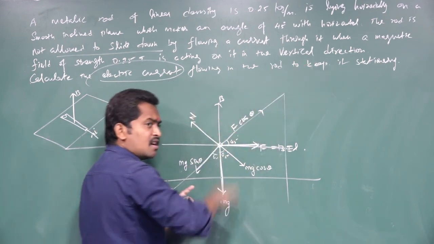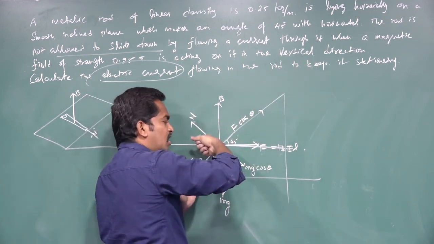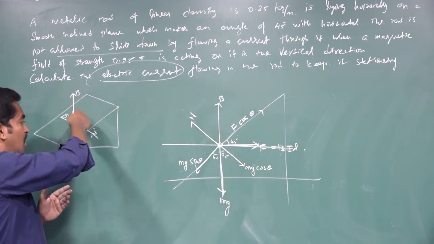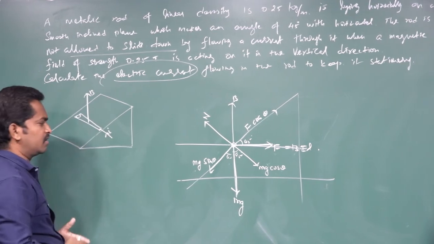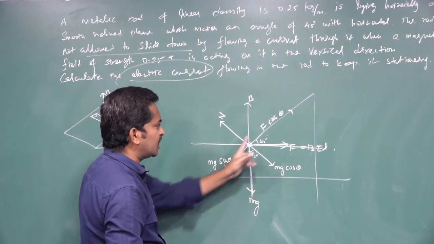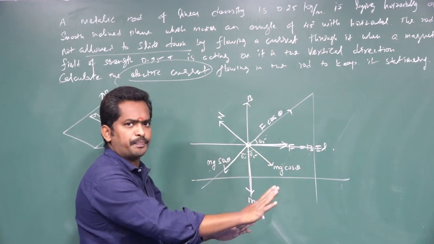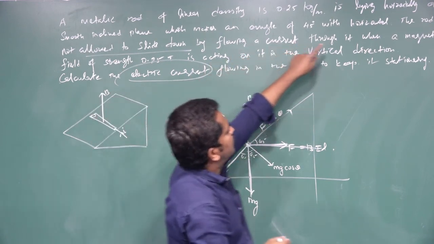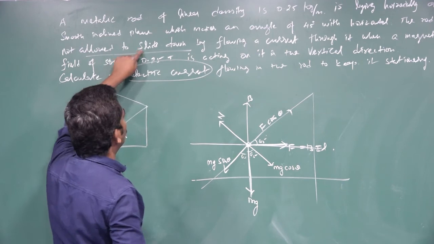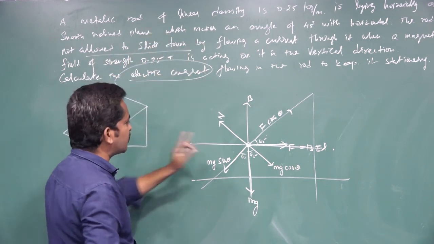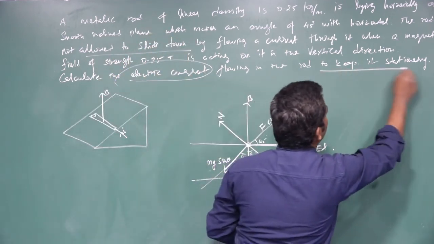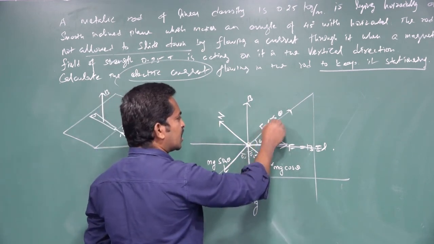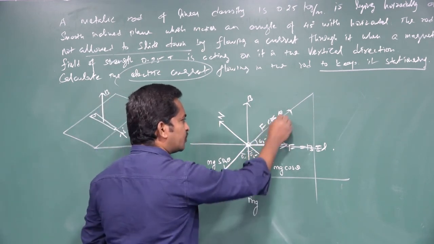These forces must maintain the rod stationary on the inclined plane. So mg sin theta and F cos theta must be equal. If these two forces are equal, the rod is not allowed to slide down, because the rod is kept stationary. So I want to calculate this F cos 45. Theta is 45 degree.